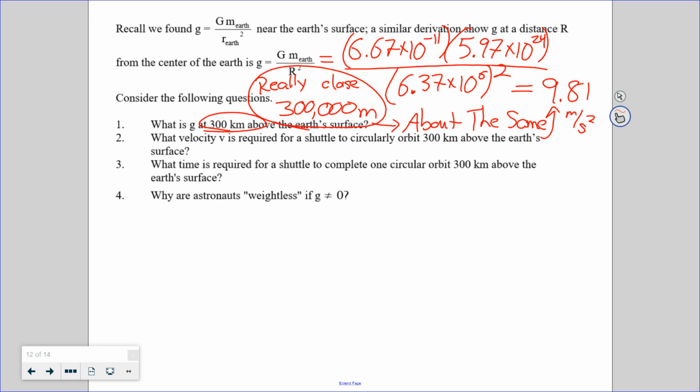So what velocity is required for the shuttle to orbit just above, and what time? I'll help you do this. Now our radius of this orbit, instead of 6.37, I think we've got 6.67 million meters.